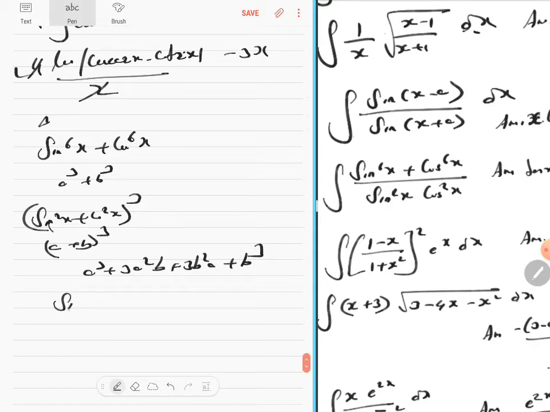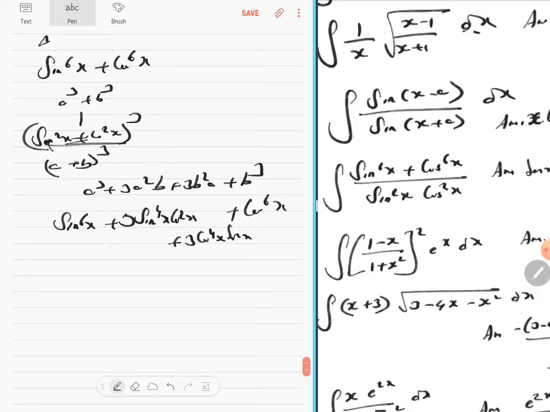So it is sine to the power 6x plus cos to the power 6x plus 3 sine to the power 4x cos square x plus 3 cos to the power 4x sine square x. This itself is anyway 1, and from this you can take sine square x cos square x common, so you'll get sine square x plus cos square x again.